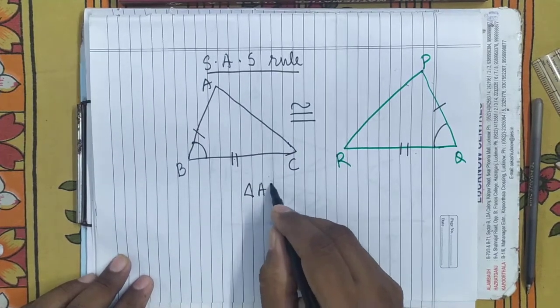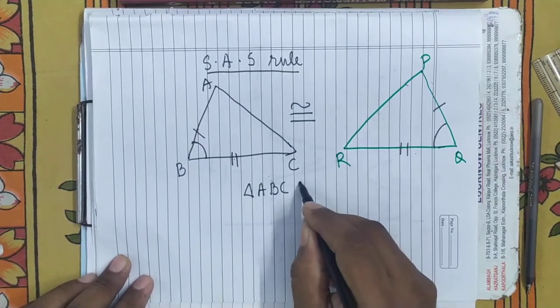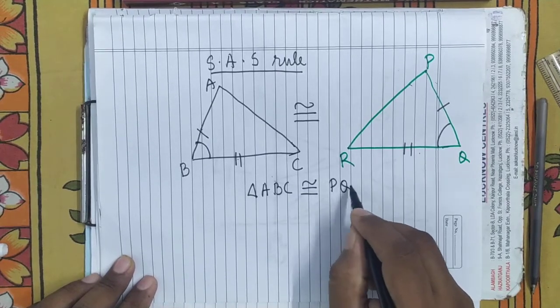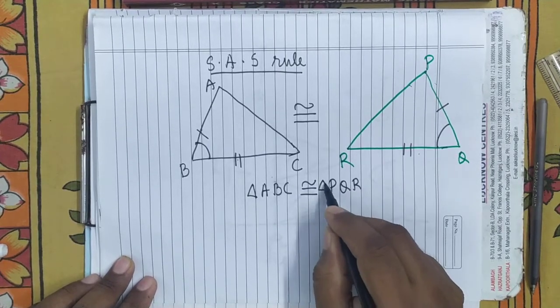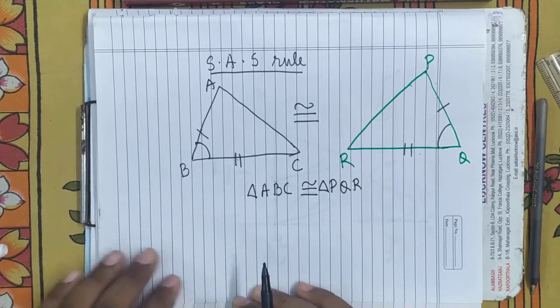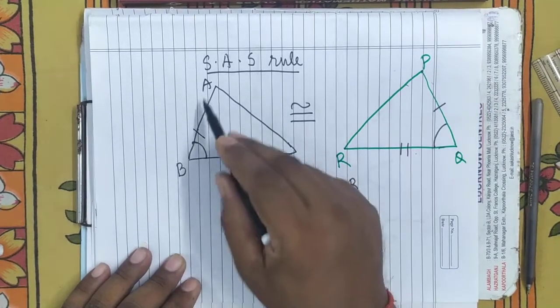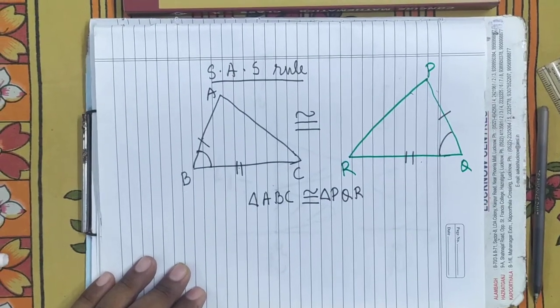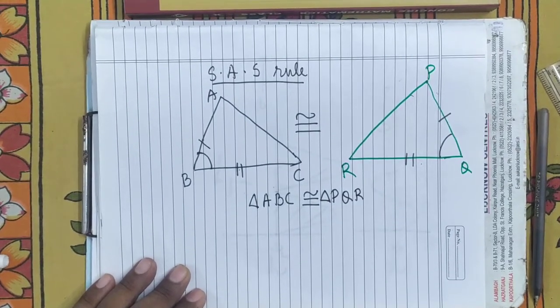Now, since these are congruent, how will you write? You will write triangle ABC congruent to triangle PQR. Is it clear? Here you have written in the same order, ABC and PQR. Now, what are the remaining elements?